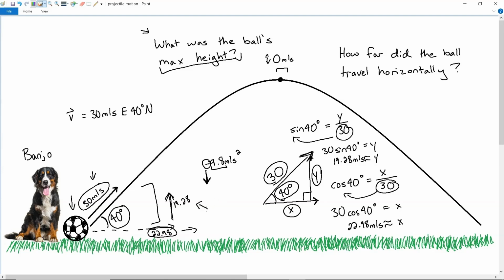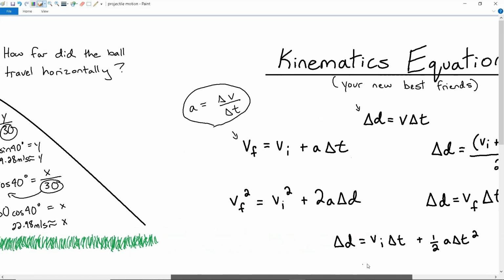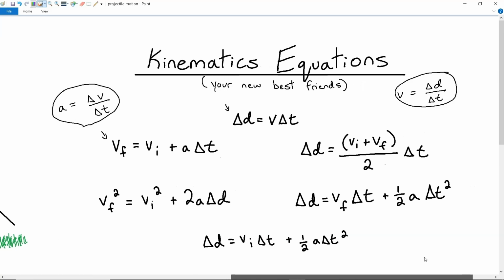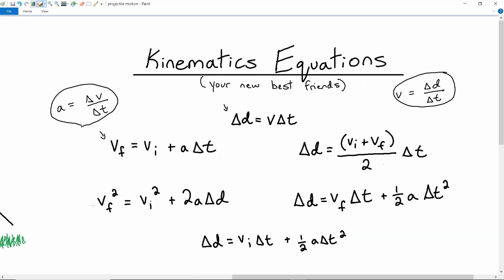And I have my initial vertical velocity, my final vertical velocity, and acceleration. And looking at my equations, it looks like I'm going to go with this one right here, because I have all of the variables except for displacement.